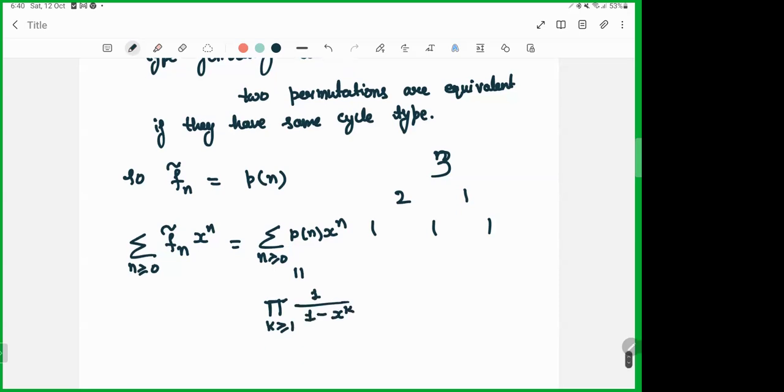This is the expression, and the proof will take some effort. The power series of pn x to the power n is this thing.